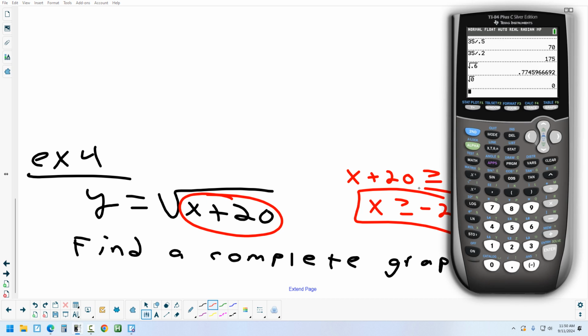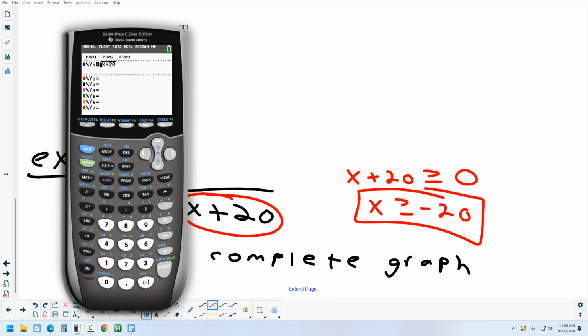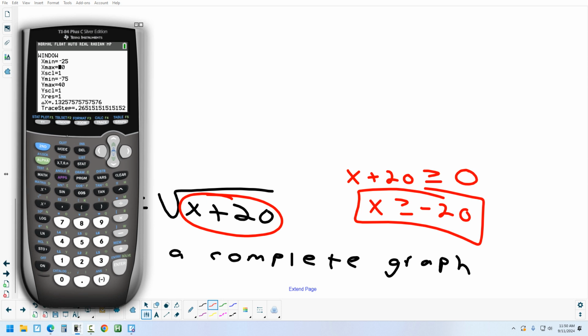All right, so let's graph that. I think I already typed it in. Let's just set our window. You can go a little past negative 20 if you want. The graph won't go that way, but if you want a little extra, you'll be able to see it. Let's set the x max up to, I don't know, 100.